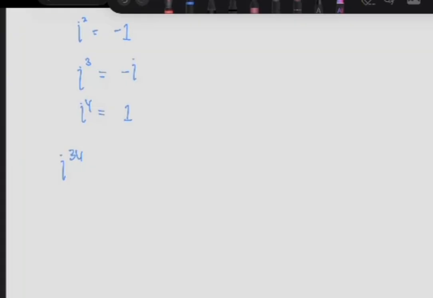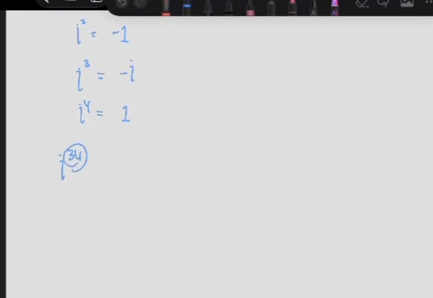So that means we have to divide 34 by 4, but if we divide 34 by 4 we won't get a whole number. So what we should do is find the biggest number that can be divided by 4, which is 32. So 32 divided by 4 is 8, and 34 equals 4 times 8 plus 2.